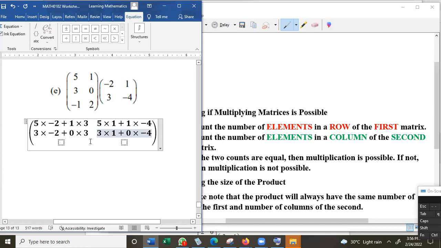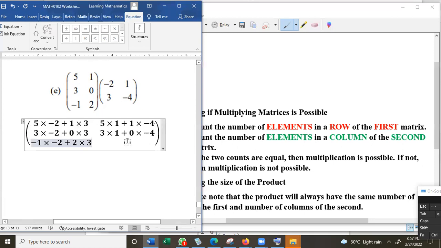So we're coming down to the third row now. So what times what? What number times what number? Negative 1 times negative 2, right? Plus 2 times 3, exactly. 2 times 3.